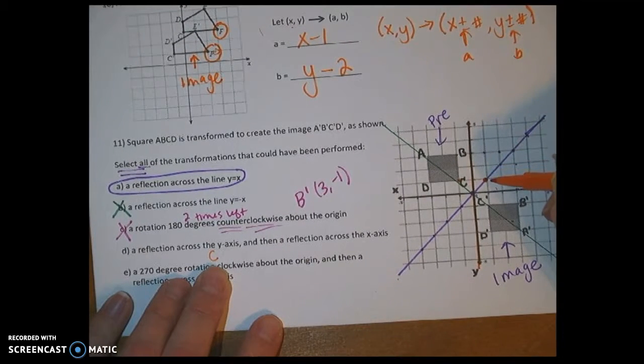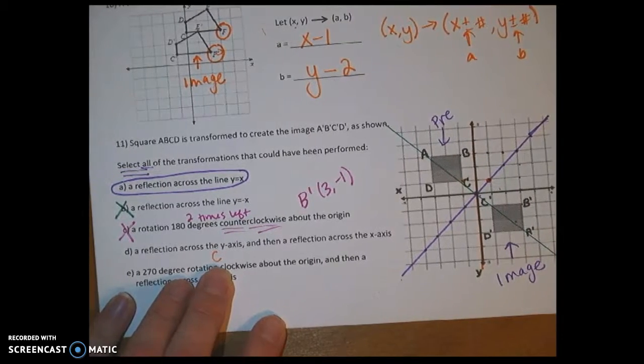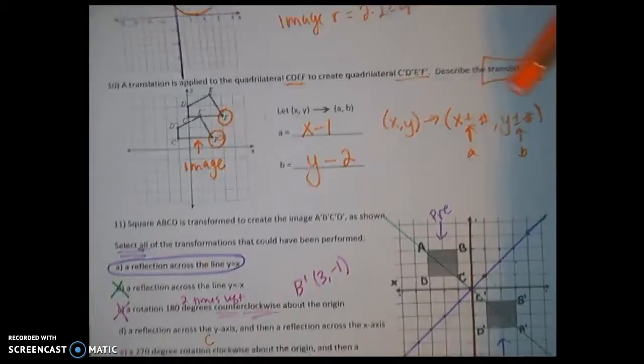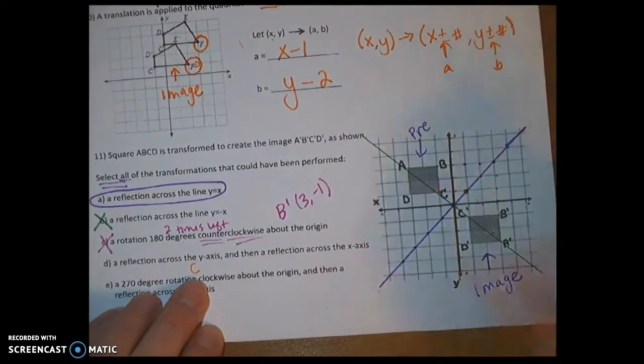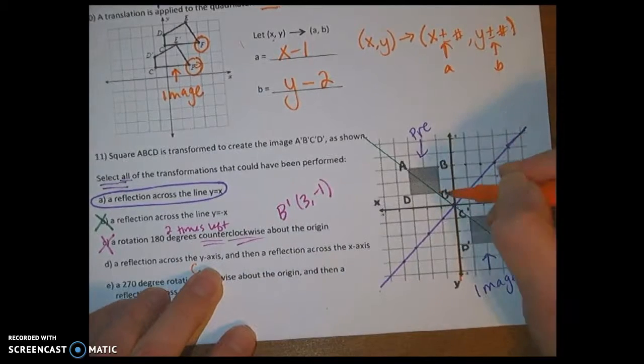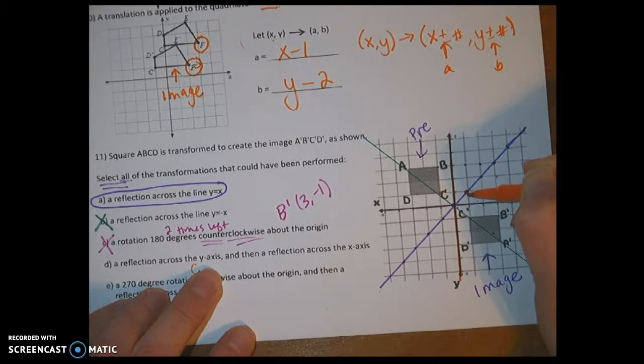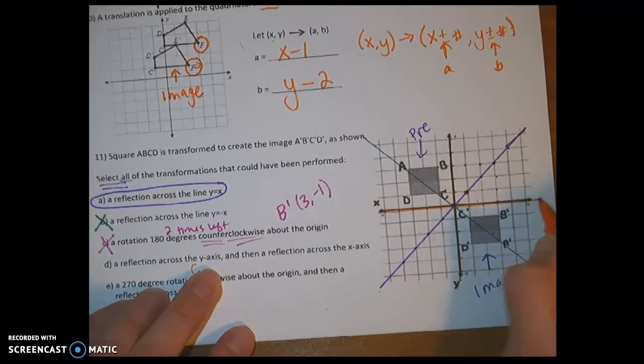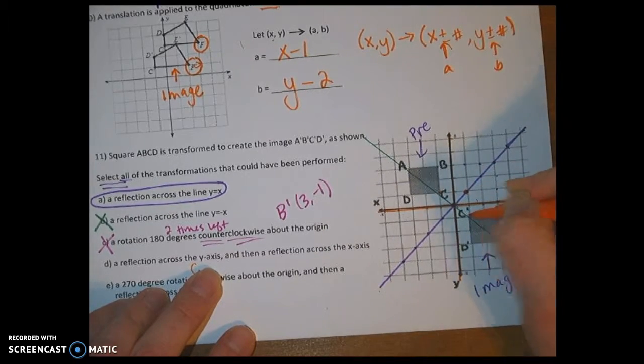The next thing it wants me to do is reflect across the x-axis. I'm going to look at the reflection across the y-axis. So I reflect C across the y-axis, it's going to be here. When I reflect across the x-axis, that does indeed work.